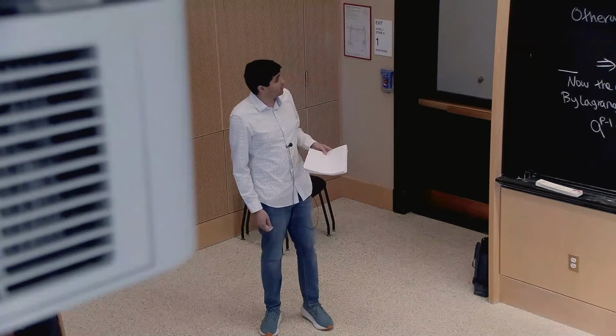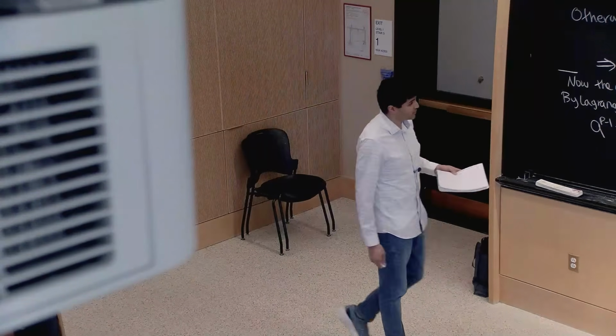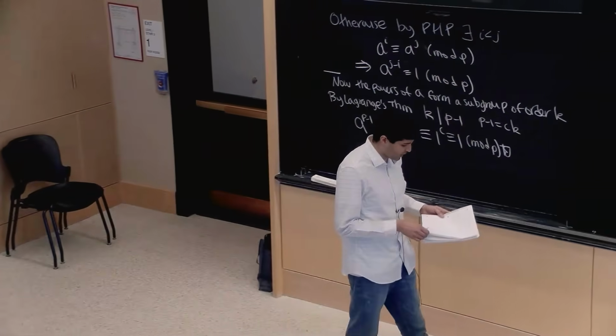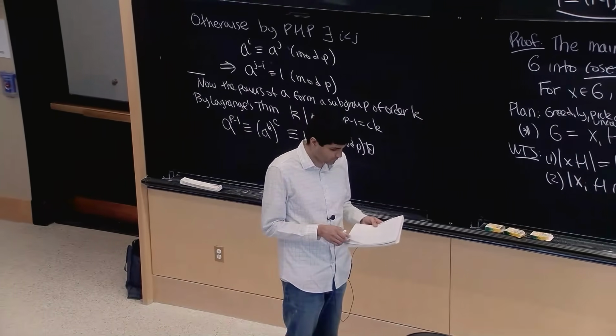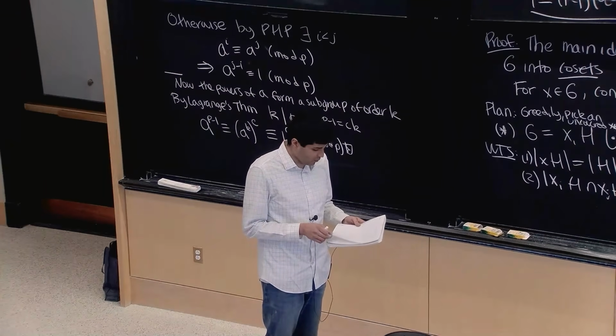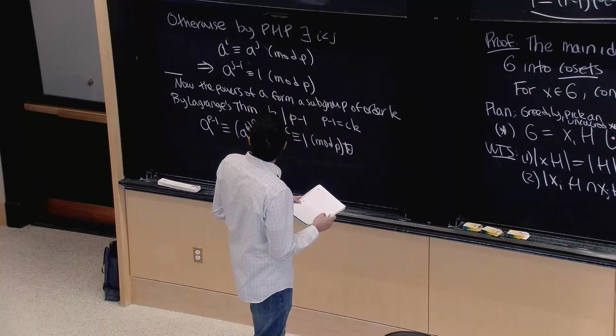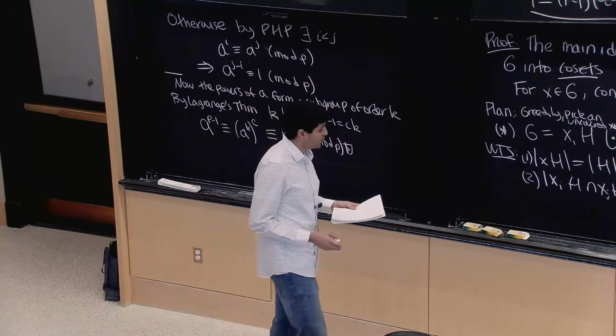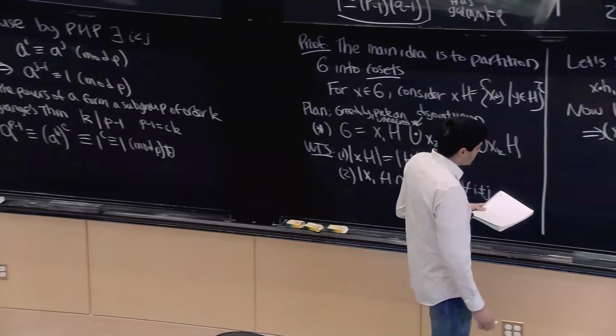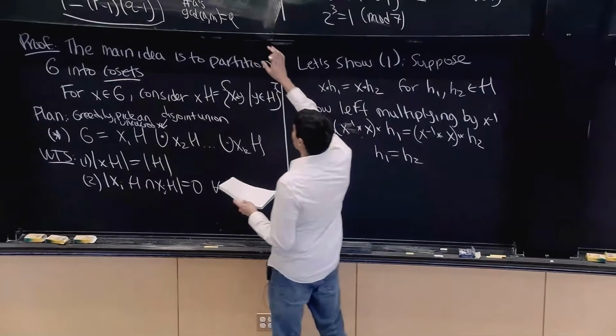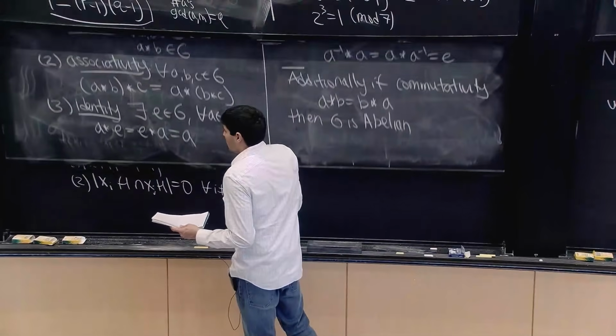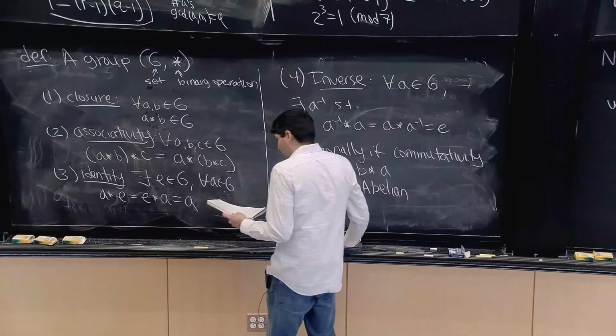So one of the really cool things you can do, let me just take a brief digression for a minute, is that for something like Fermat's little theorem, there are actually tons of proofs. So we gave a group theoretic proof right now. Let me give you a totally different proof, just because.